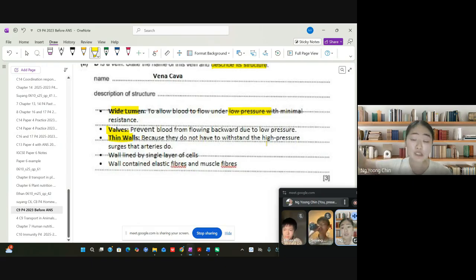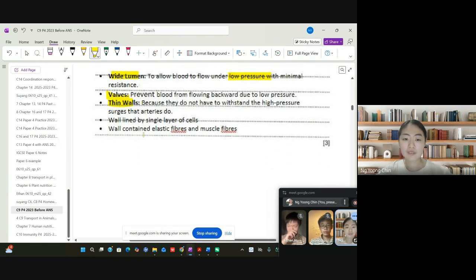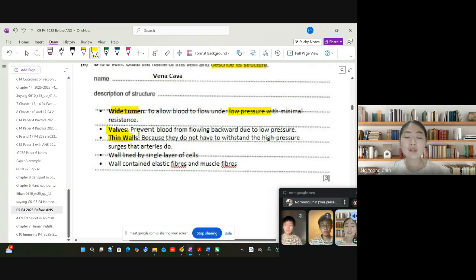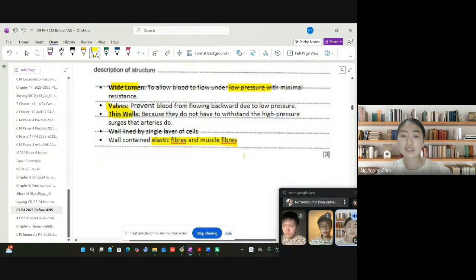This is the opposite of the artery. Arteries have a thick muscular wall, no valve, small lumen, high pressure. The wall consists of elastic fiber and muscle fiber. This is also the same in the artery.